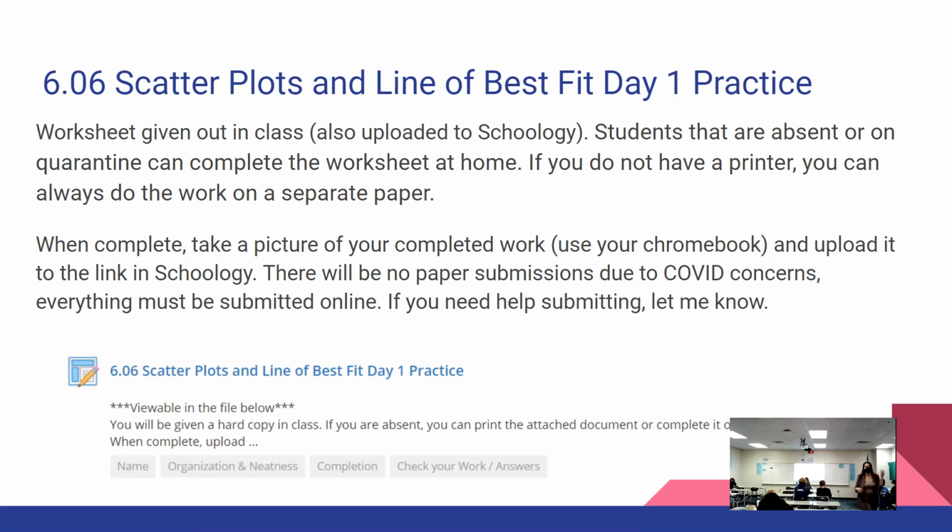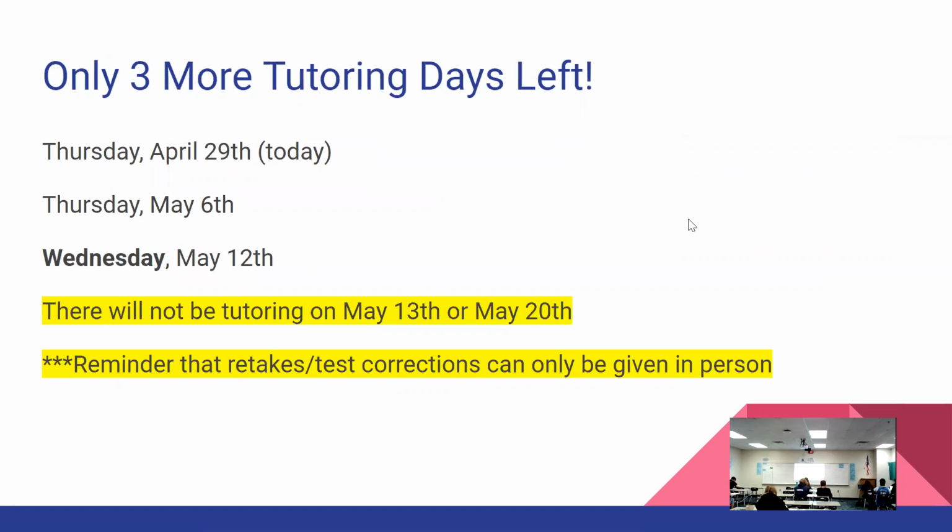Once you finish it, it's going to go into that link that's in Schoology. And it's not evens or odds or anything. There's only one side to it, so no reason you can't get the entire thing done. So just take 10 seconds, write the title, day 1 practice, 6.06 scatter plots, so that you know where to turn it in.